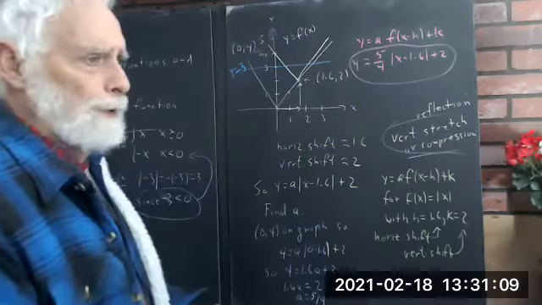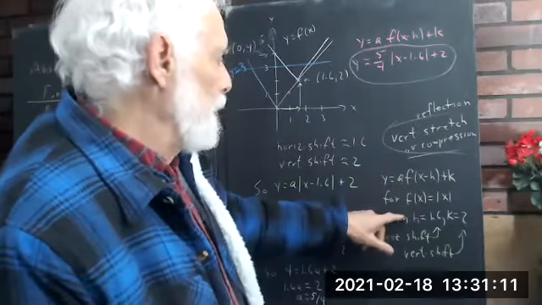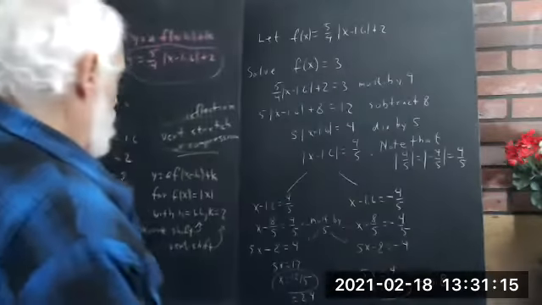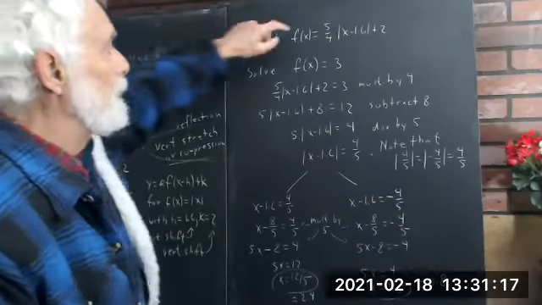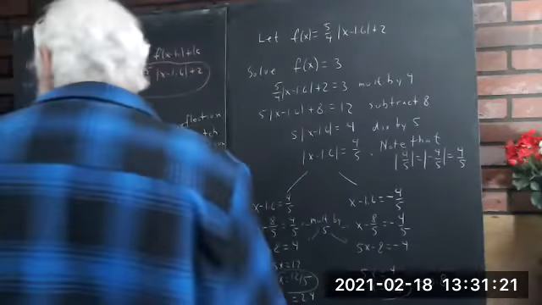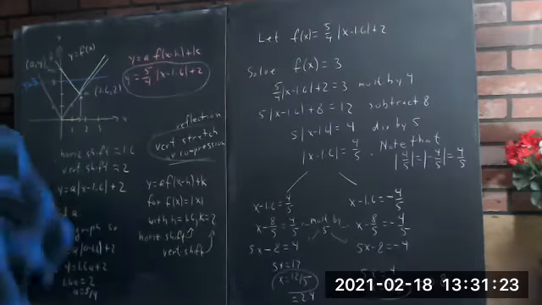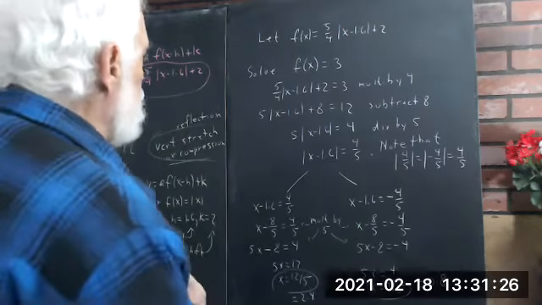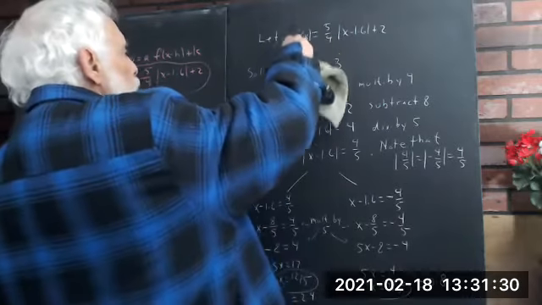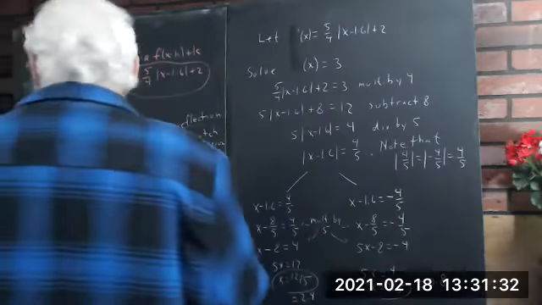Now I've got a problem with notation. I let f of x be my absolute value function. And now I'm letting f of x equal this mess. Okay? We've got to do a little editing here. The only place I've used the f is over here twice.